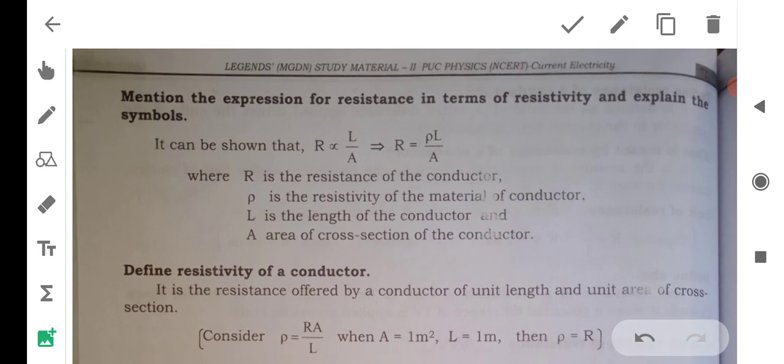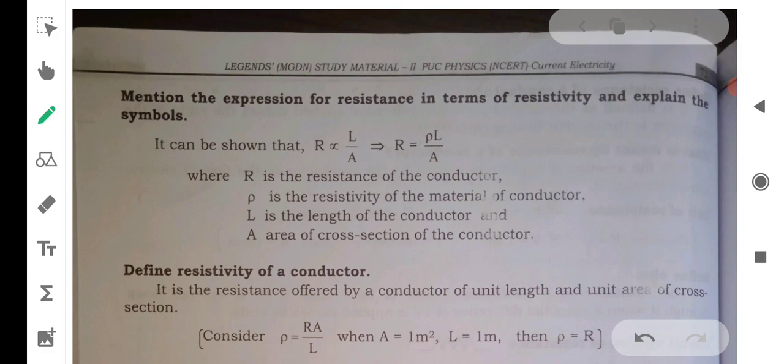Okay students, here one more term will come, we will discuss that one. Next we will discuss resistivity. What is resistivity? Resistance is discussed, now we will discuss one more topic, resistivity. Now students, we already know R is directly proportional to length of the conductor, and resistance is inversely proportional to area of cross section of the conductor.